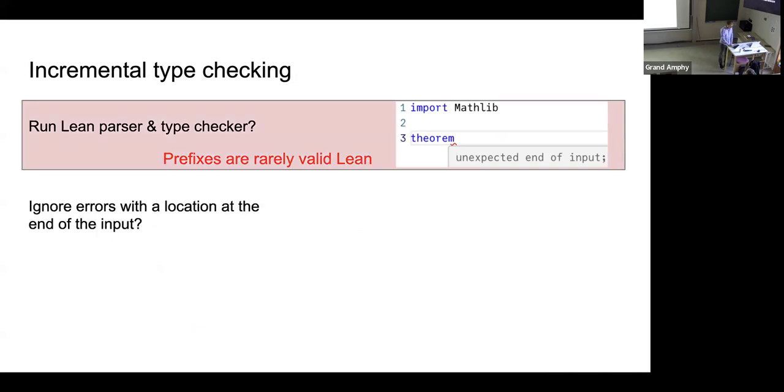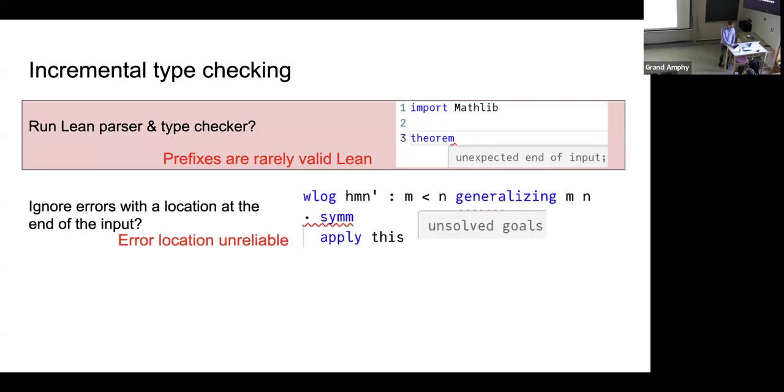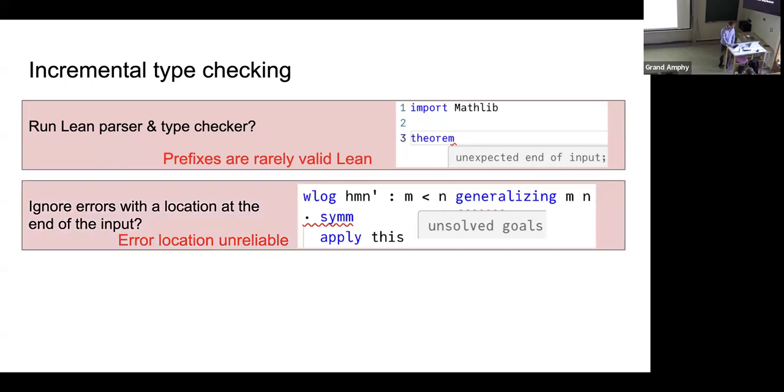So instead, one thing you might try is to ignore errors that occur at the end of the generation, because those are likely related to the incompleteness. But even this can be unreliable. This is a complicated example where the error location is earlier, even though the error is just due to incompleteness. So this doesn't work.